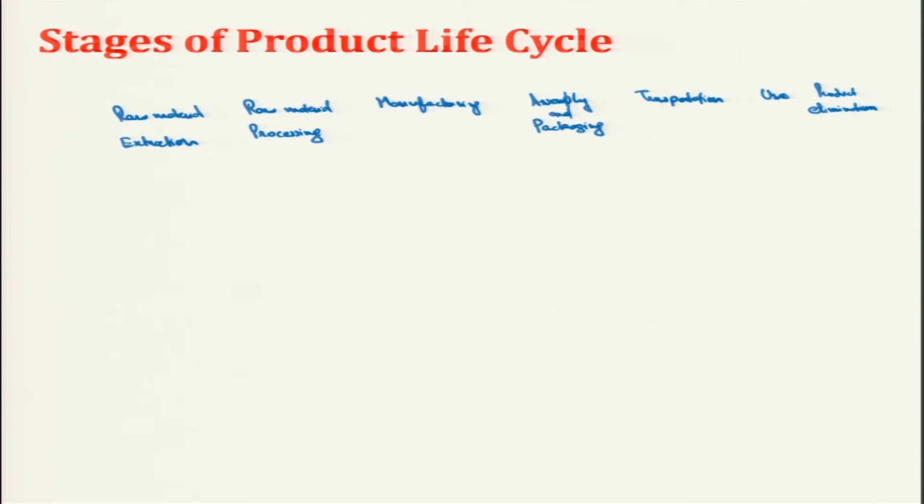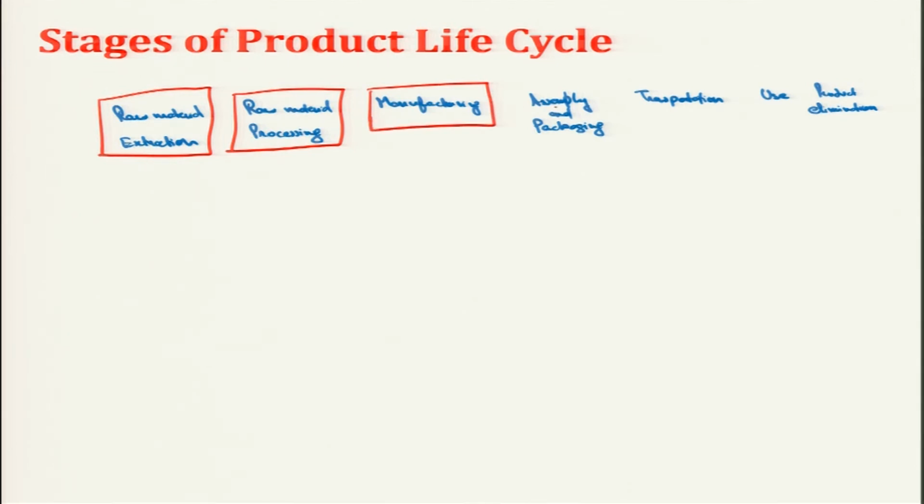So these are the major stages: raw material extraction, raw material processing, then manufacturing, then assembly, then transportation, then use and product elimination. So it goes in this direction.